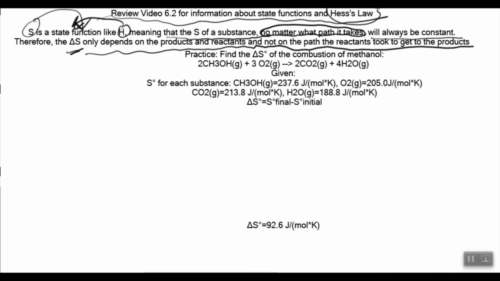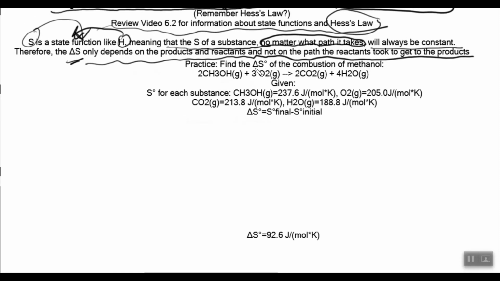So now let's do a practice problem based on everything that we've learned. This practice problem will involve us finding the delta S naught of the combustion of methanol, which is CH3OH. So this reaction is a combustion reaction. And we are given the S naught for each of the substances that are involved in the reaction.